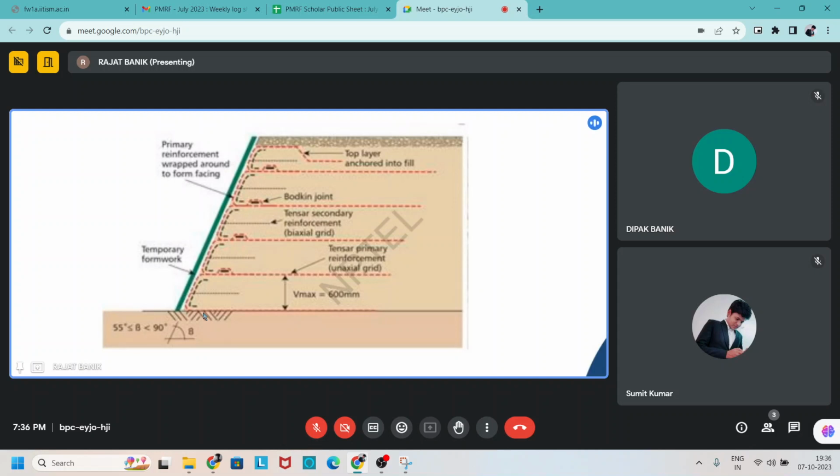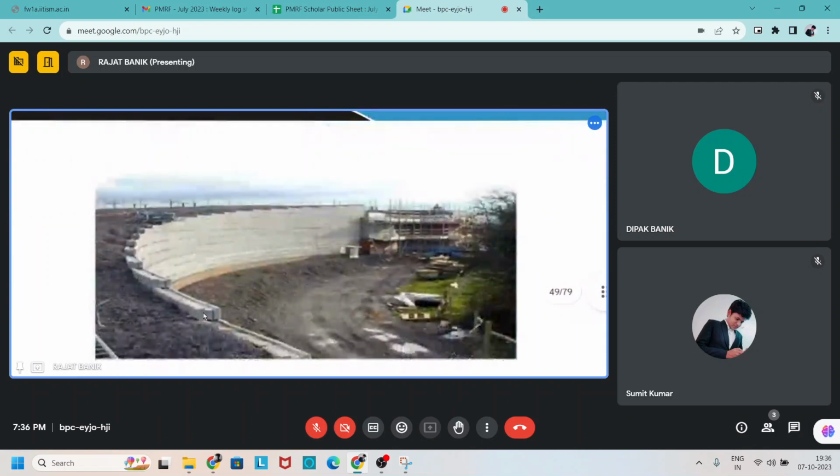Again in the same way another layer is created, and then we protect the face with a temporary framework. By this way we can create some strong reinforcement to protect this bank of the river. You see that one figure, a practical arrangement figure, is also given here.